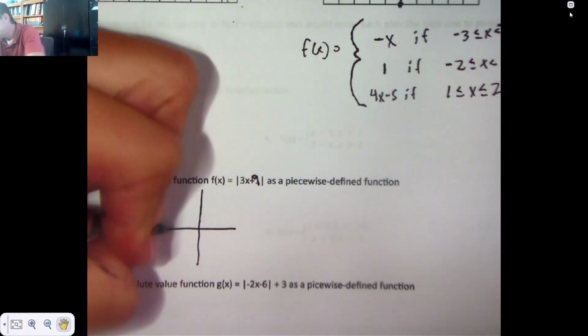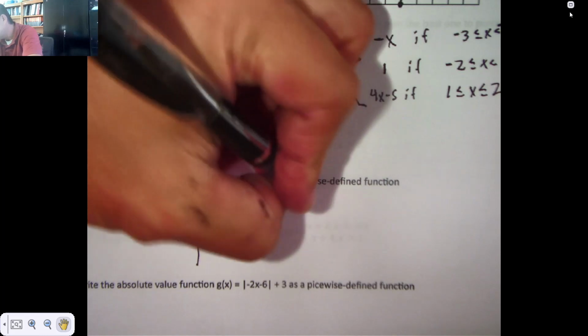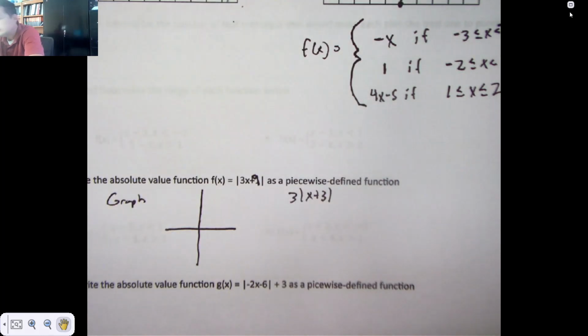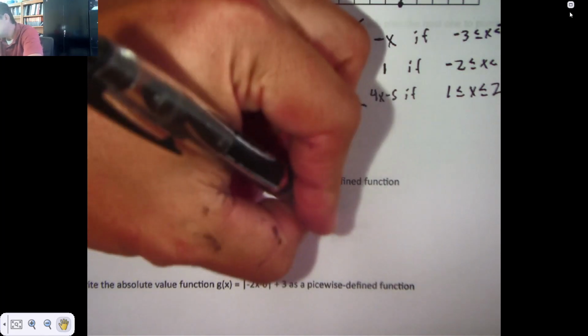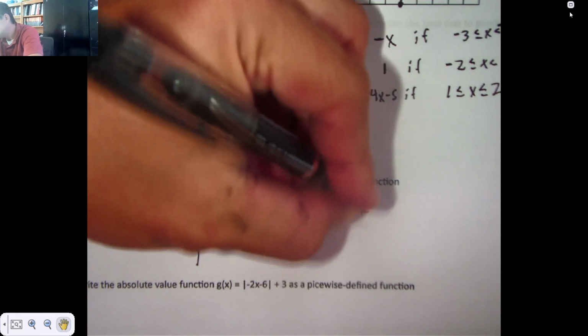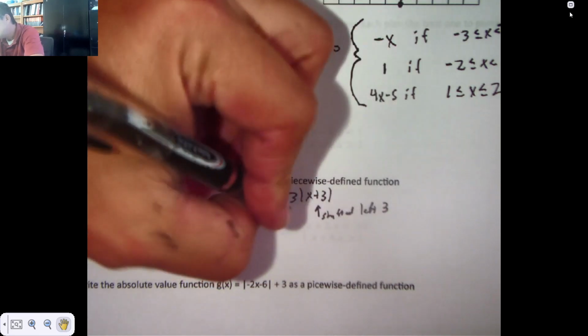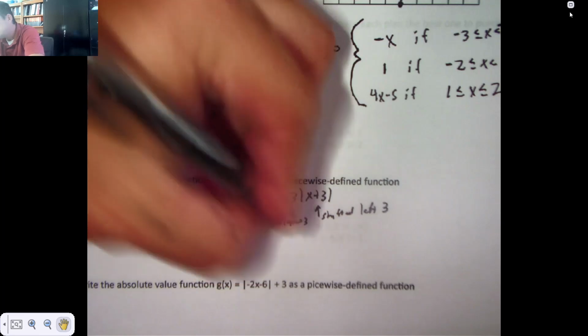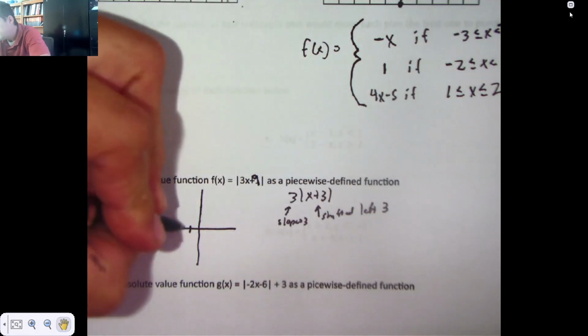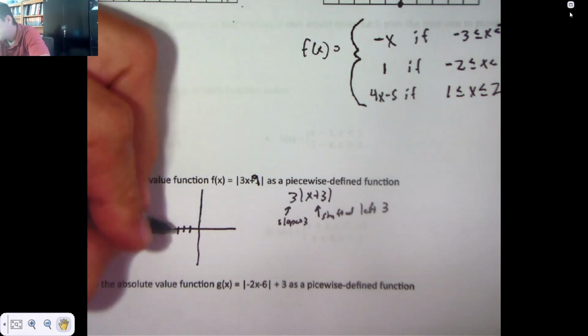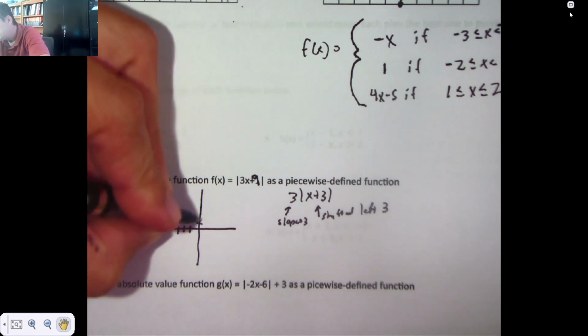Before I graph it, I have to pull the 3. This thing has been shifted left 3, and it has a slope equal to 3. So I gotta go left 3, and then I have to rise 3 and run 1.